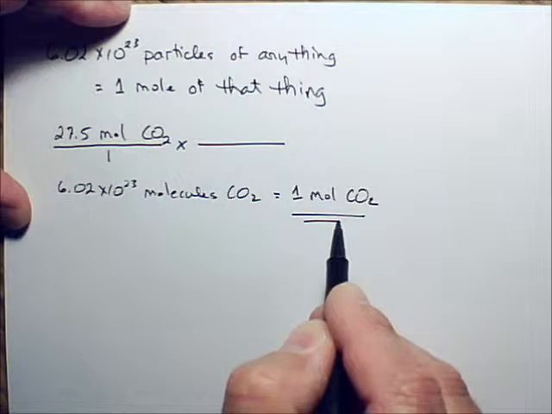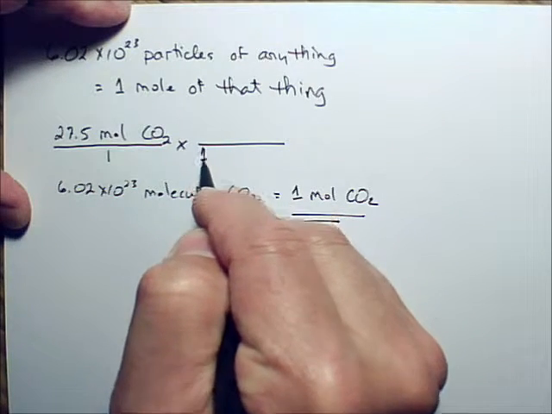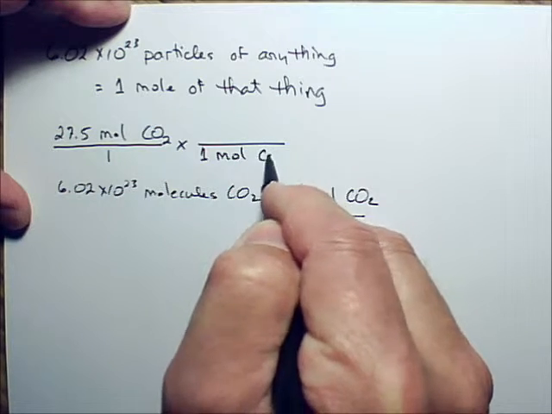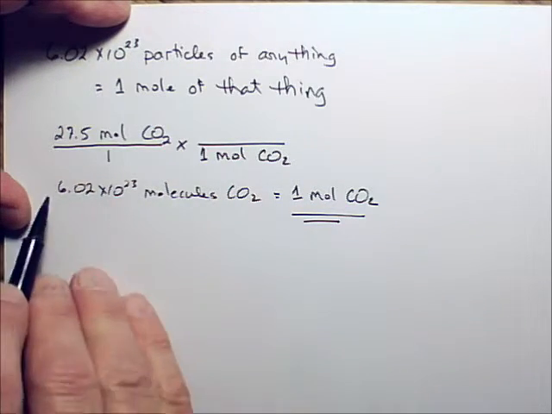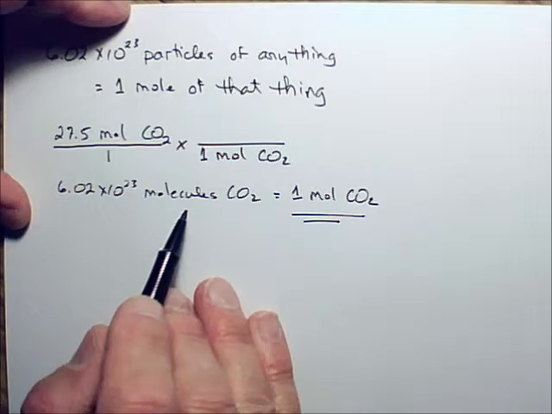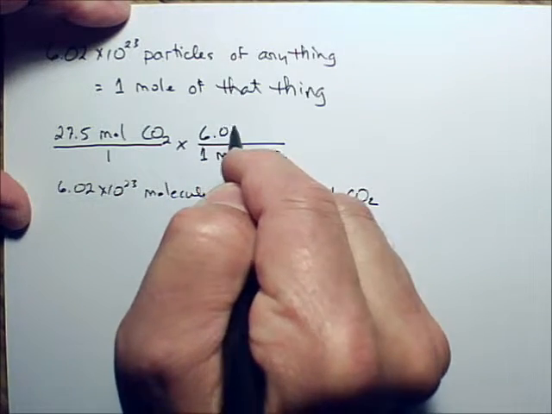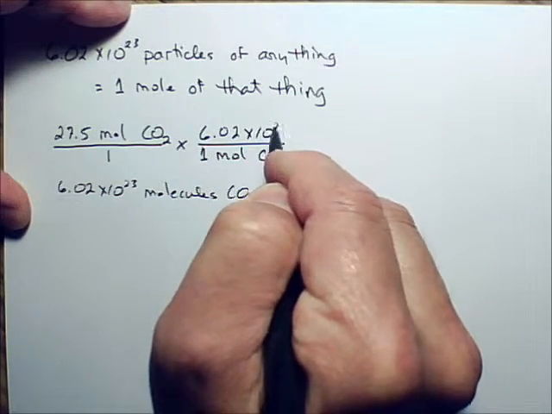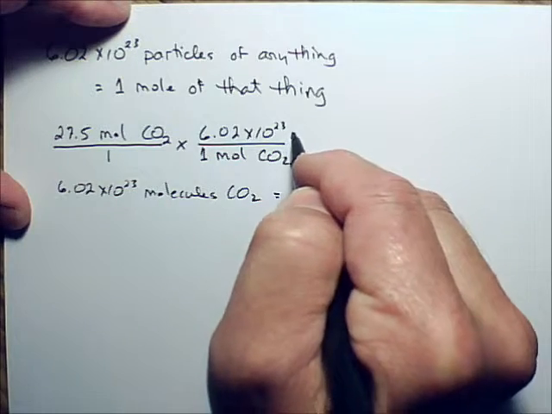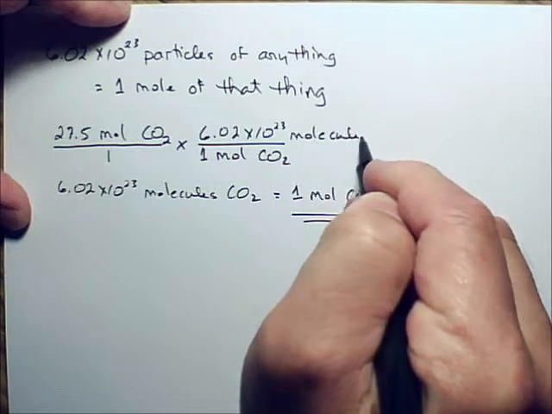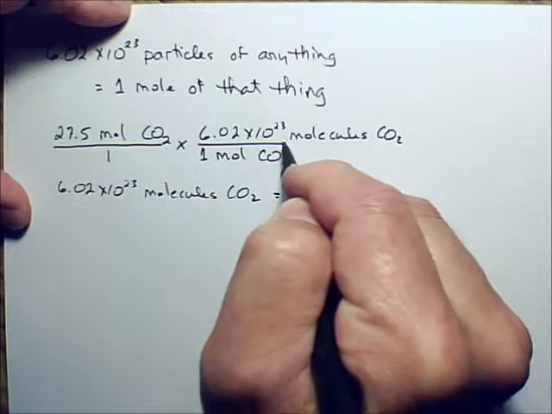That's what I'm going to put on the bottom: 1 mole CO2. On the top, then, I'm going to put the other side of the equality statement, 6.02 times 10 to the 23rd molecules of CO2. Okay?